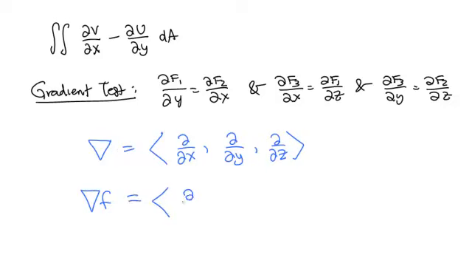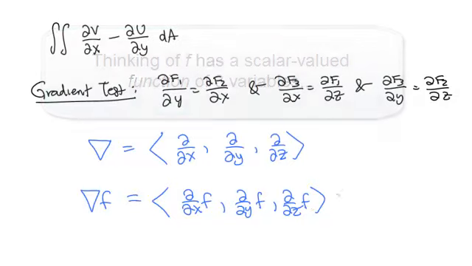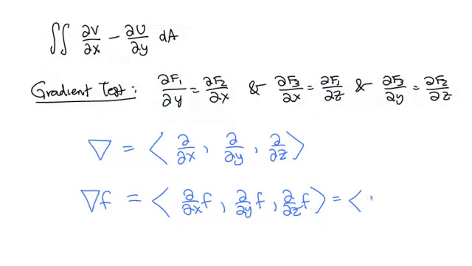Well, you scale each one of the components by the scalar. And so if we were to scale the vector by f, then we would have del del x f, del del y f, del del z f. Of course, I can interpret each of those as being partial derivatives fx, fy, fz, and so we've recovered the gradient.